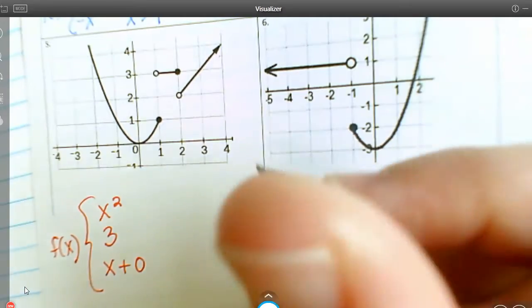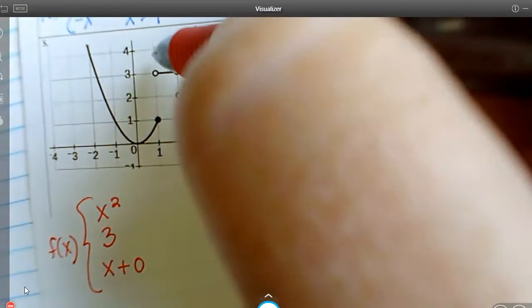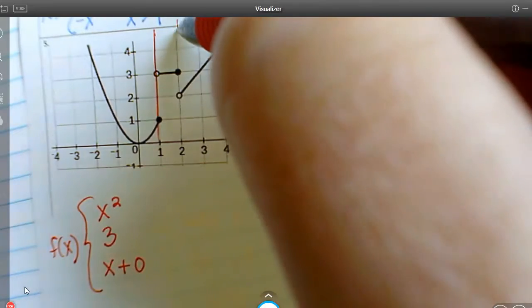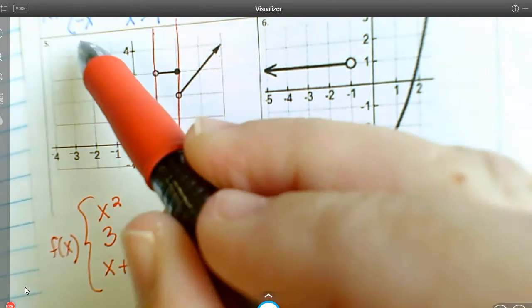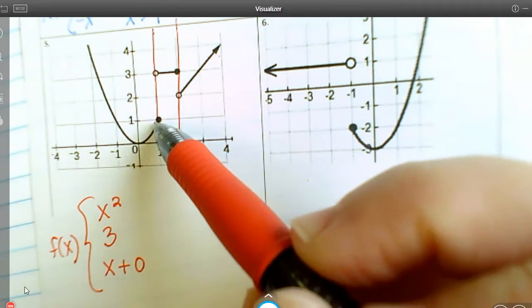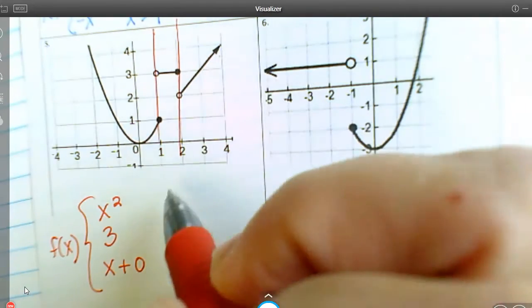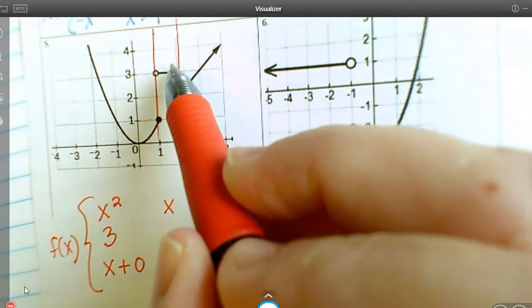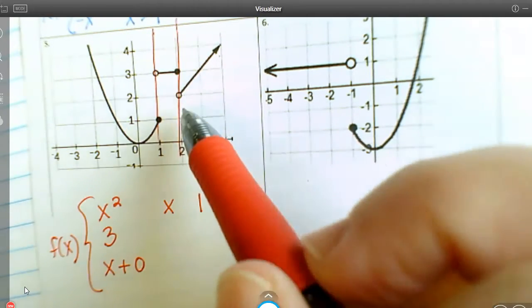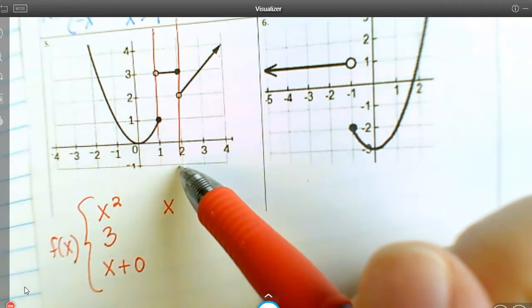Okay, now let's think about our restrictions. There's 2 places it changes, and that's what makes this one a little weird. It changes at 1 and also changes at 2. Talking about the parabola, it goes all the way until I get to 1 where it changes. So I know the parabola is going to have an x and a 1. We'll talk about that middle part in a minute. For the last part, it starts at 2 where it changes.